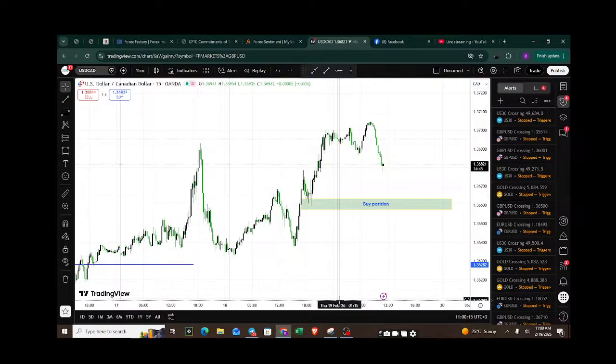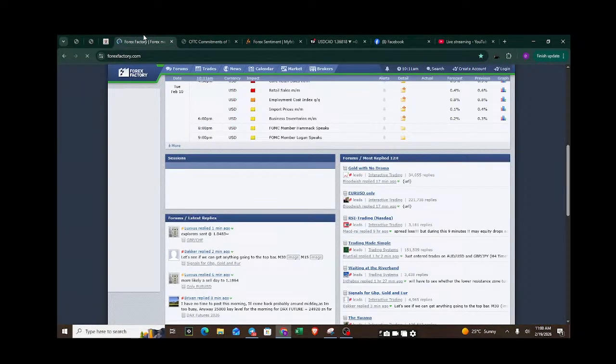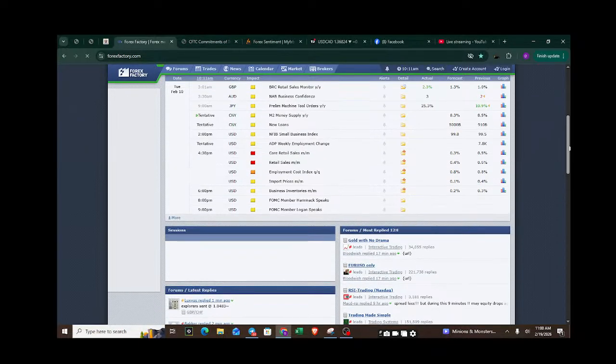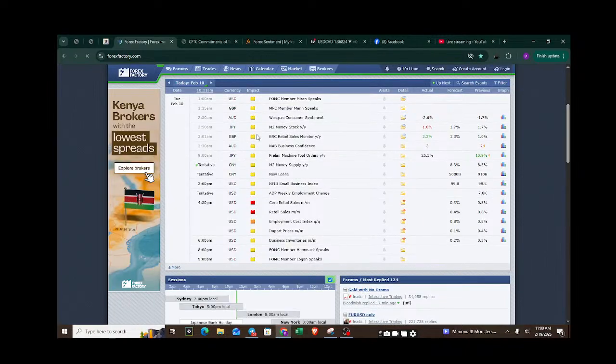I'm also expecting that today's news is what is going to push a pair like US30 to the upward level, to the buy side.